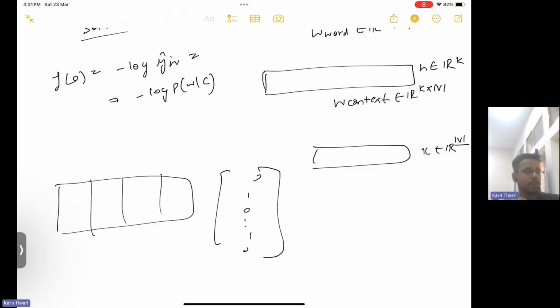It will pick the columns corresponding to the ones, and do a summation across them, giving us the sum of the columns for the non-zero indices for the given conditioning words.